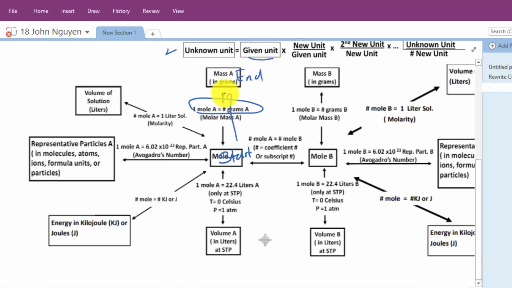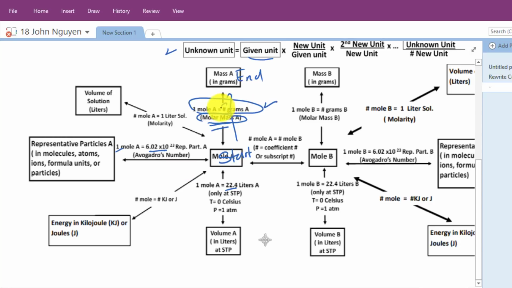Notice all the major conversion factors that we have used so far, both of the measurements have numbers, either 1, or the Avogadro number, or, if liters, 22.4 liters. They all have numbers, except for the conversion factor of 1 mole of A equal to a number of grams of A. This number of grams is also known as the molar mass, and that conversion factor is actually called the molar mass.